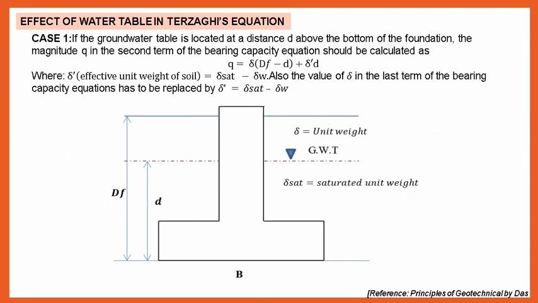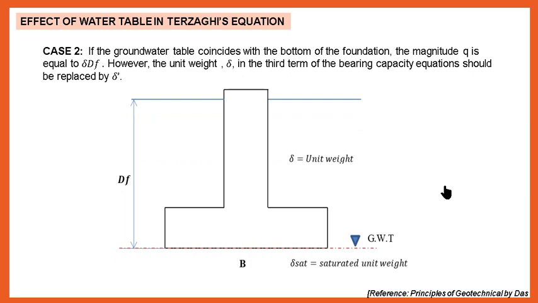We also have a second case. Case 2: what if our groundwater table coincides with the bottom of the foundation? Here is our groundwater. The magnitude of Q is equal to gamma times dF.